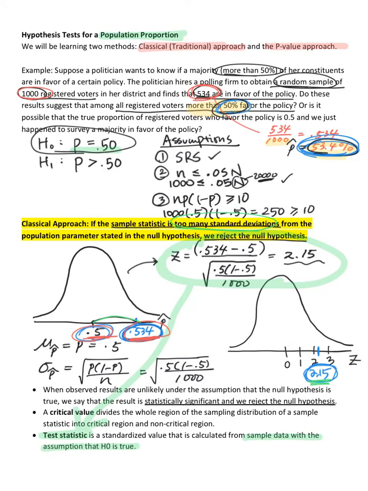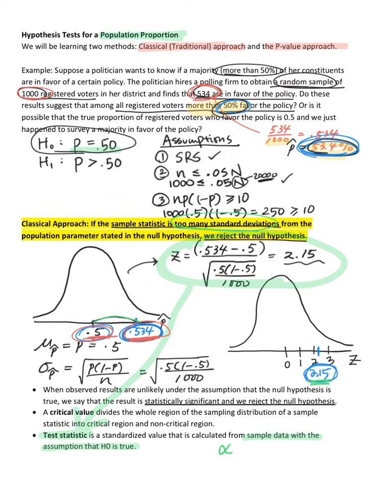So the critical value is the number on the borderline separating sample statistics that are unusual or significant from those that are not significant. So we use the level of significance, alpha. You guys remember alpha? Okay, to compute the critical value.